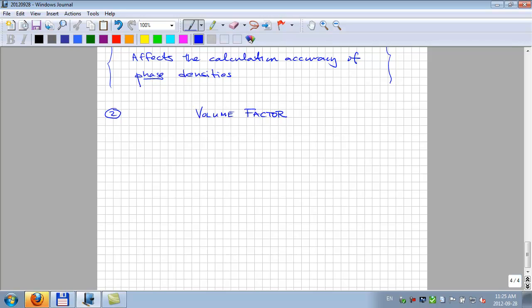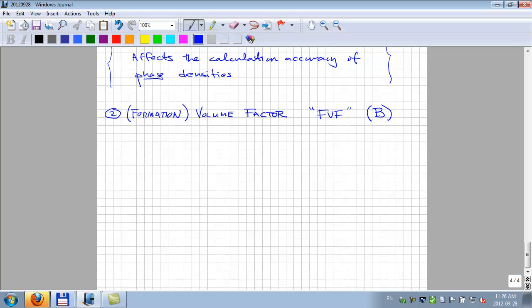Okay? But historically, it was called the formation volume factor, because it was down in the formation, in the reservoir. So I'm going to put this in parentheses, formation, because even though that implies that it's at reservoir conditions, we still use these volume factors in production tubing, in pipelines, far away from the formation. But historically, we call this FVF, formation volume factor. And the symbol is capital B.